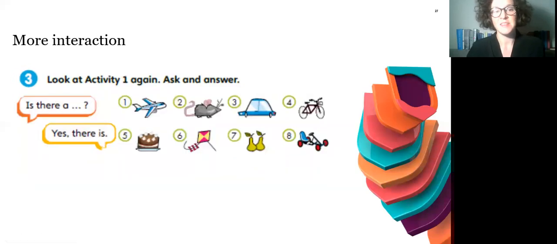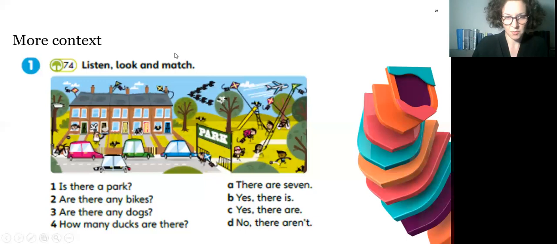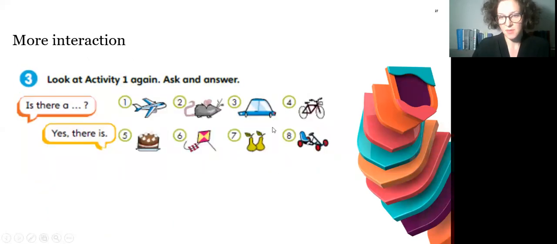And then there is a more complicated task, because the students have to ask a question. Is there a plane? And we look at picture 1. Is there a plane in the park? There is. Then, is there a mouse? And so on.